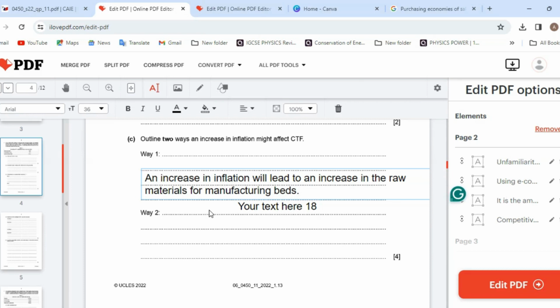That's the first way that an increase in inflation can affect CTF.